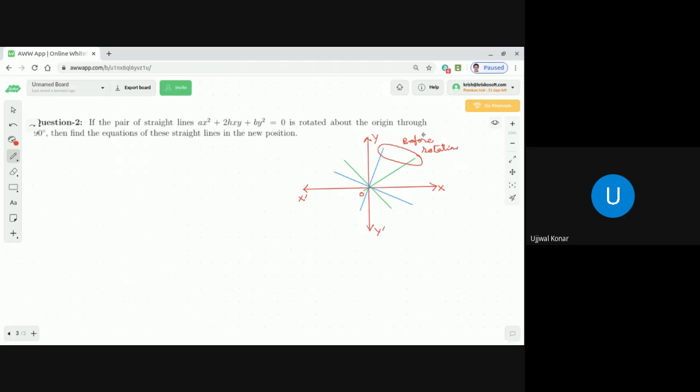Their joint representation is ax square plus 2hxy plus by square is equal to 0. After rotation, what happened is that we see this is the equation after rotation.